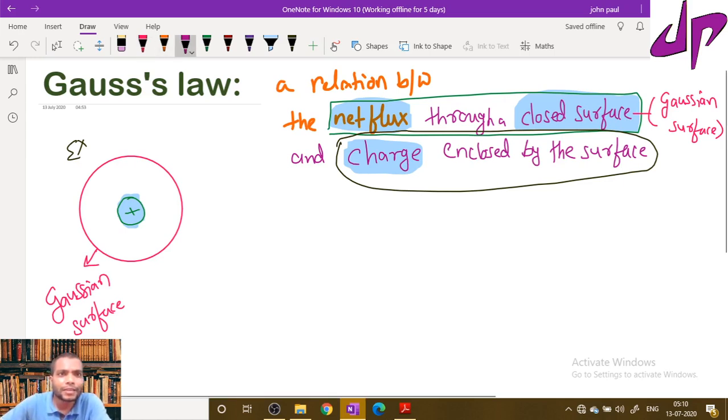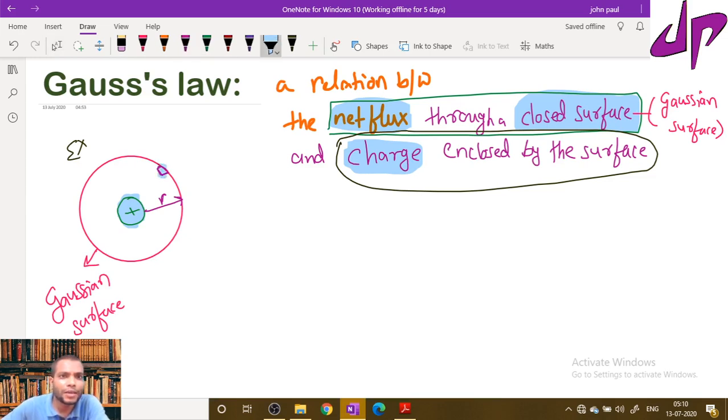Suppose I take the radius of the Gaussian surface equal to r. I would like to find the electric field through a small elemental surface, meaning a small portion.